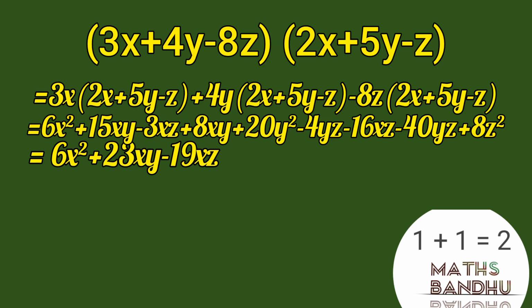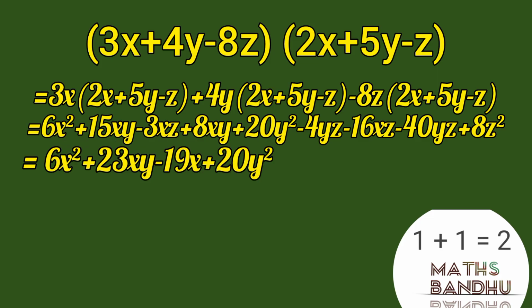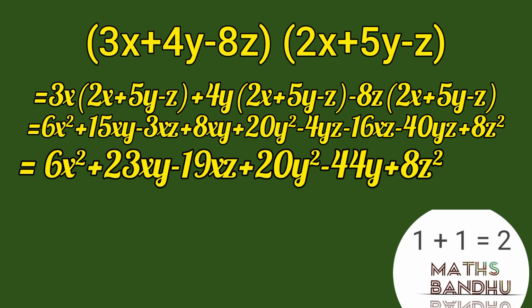Then y square: no other y square, so plus 20y square will come down as it is. Now yz, or zy: you have minus 4yz and minus 40yz, so that gives you a minus 44yz. And you just have a z square, so plus 8z square, no other z square, only one, so it will come down as it is. So this will be our final answer.